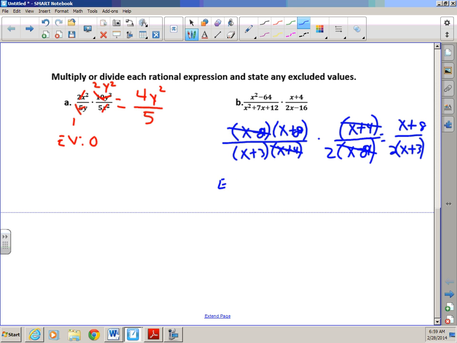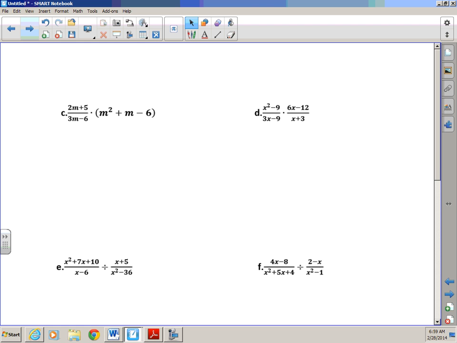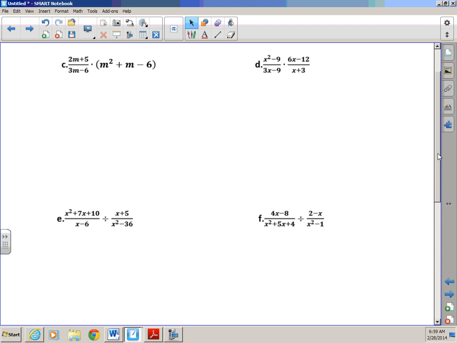What are my excluded values? Well, there's a bunch of them. Negative 3 for here. Negative 4 for this one. And 8 for this one. Okay? Let's turn to the back and let's do our simplification. The first one, hopefully you're realizing that this is the numerator, so it's like it's over 1. Do you need to write that?